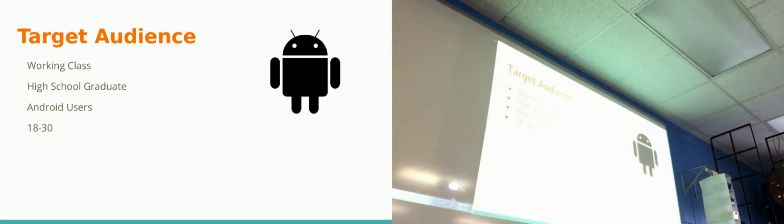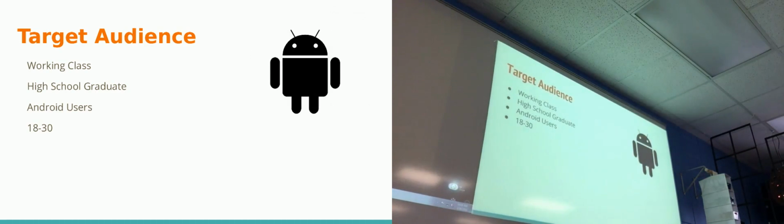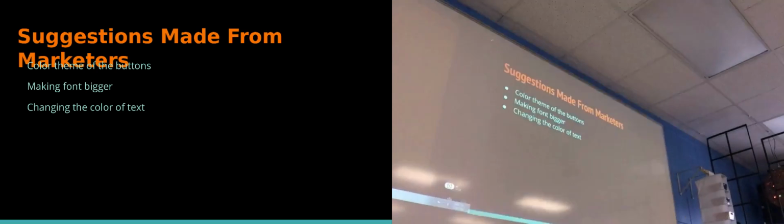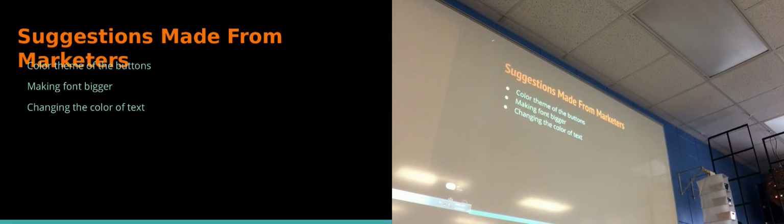For the target audience, they'll be working class, high school graduates, and they are Android users, from the ages of about 18 to 30. And suggestions made from the marketers.